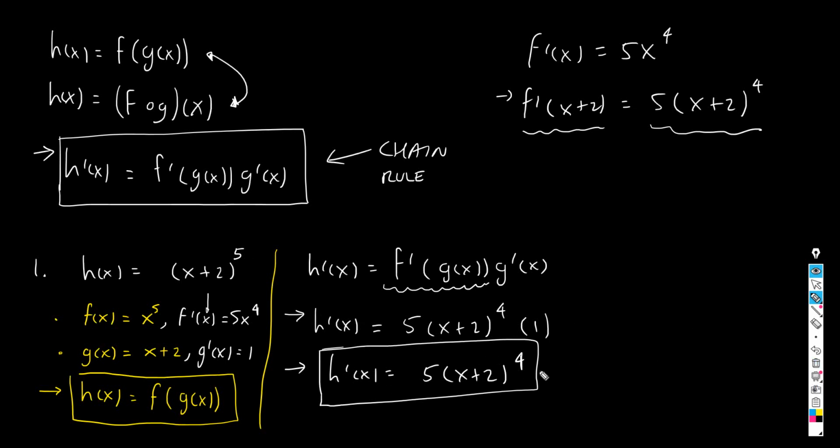Okay, let's see another example in which that coincidence is not going to happen. Number two, suppose that I give you h of x equals 3x to the 4 minus 1, to the, let's say, 7.